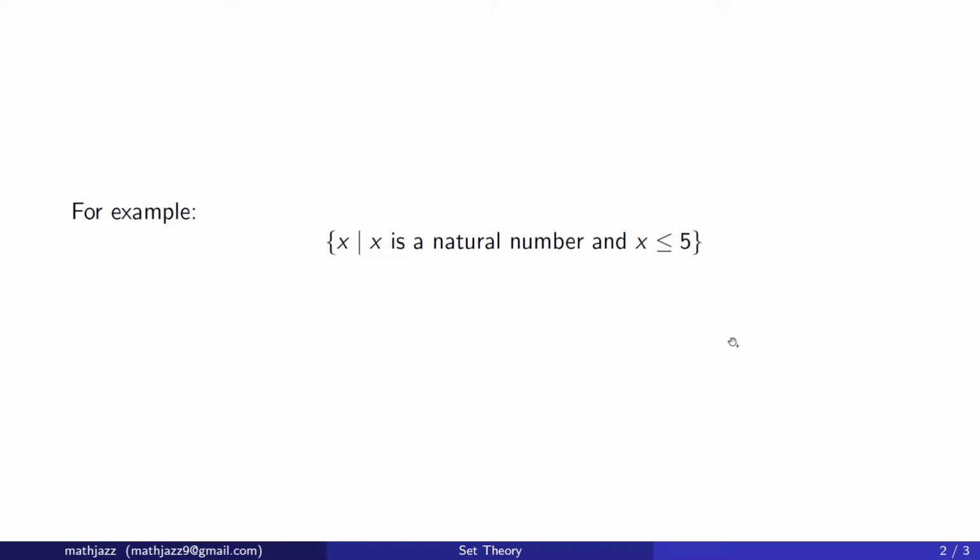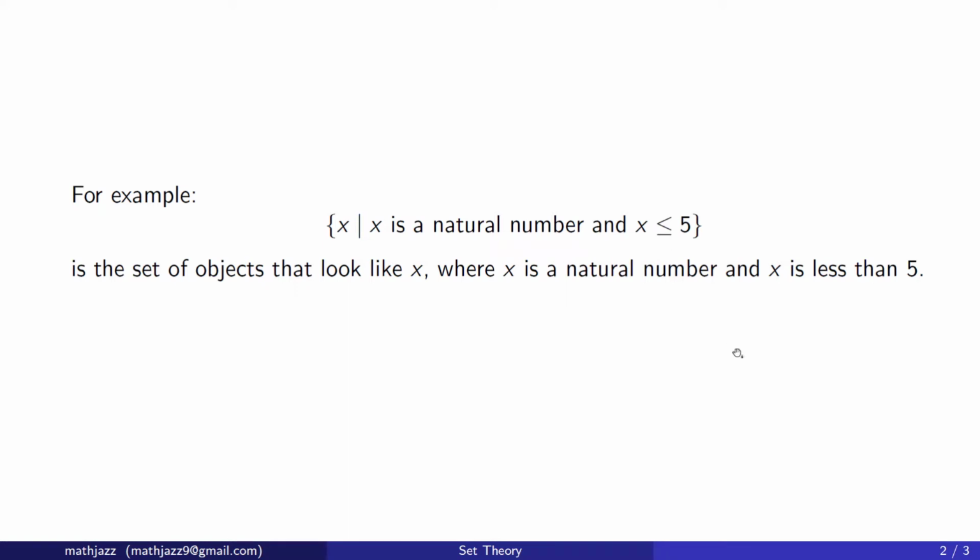So this set here is the set 1, 2, 3, 4, 5. We need to feel very comfortable with set builder notation to succeed in the class, and we will see lots of problems that will give us familiarity with this.